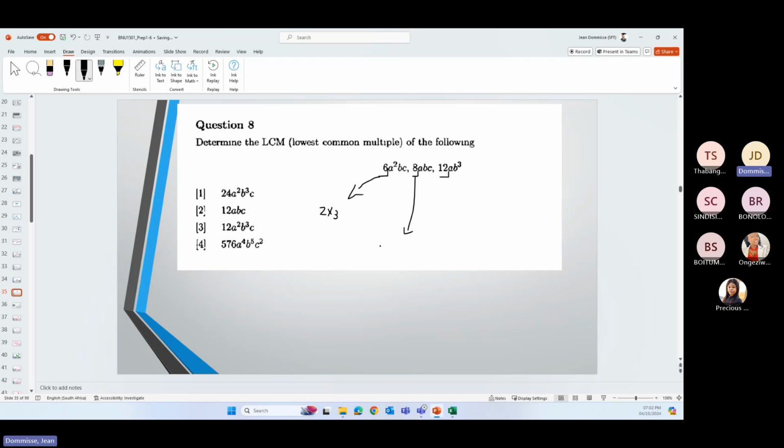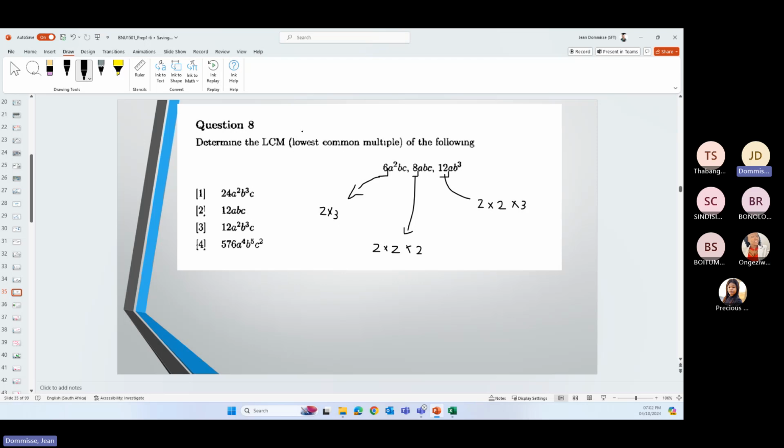For 8, it is 2 times 2 times 2. And for 12, it is 2 times 2, which gives me 4, and 4 times 3 gives me 12.